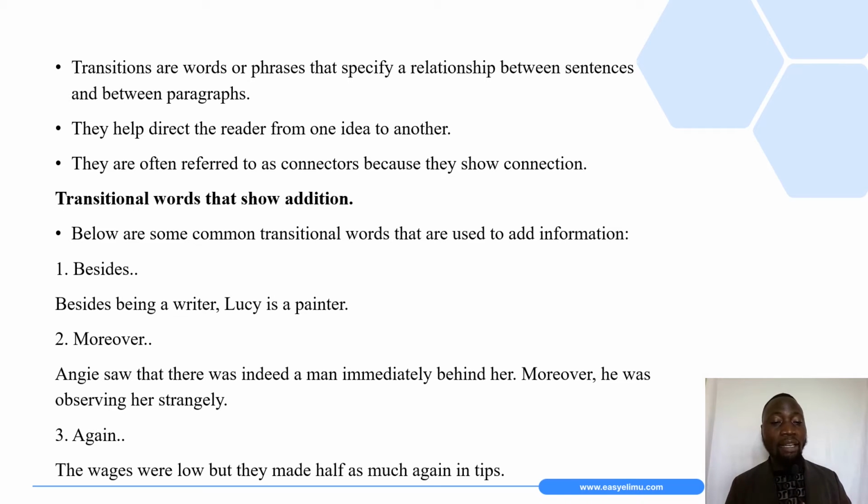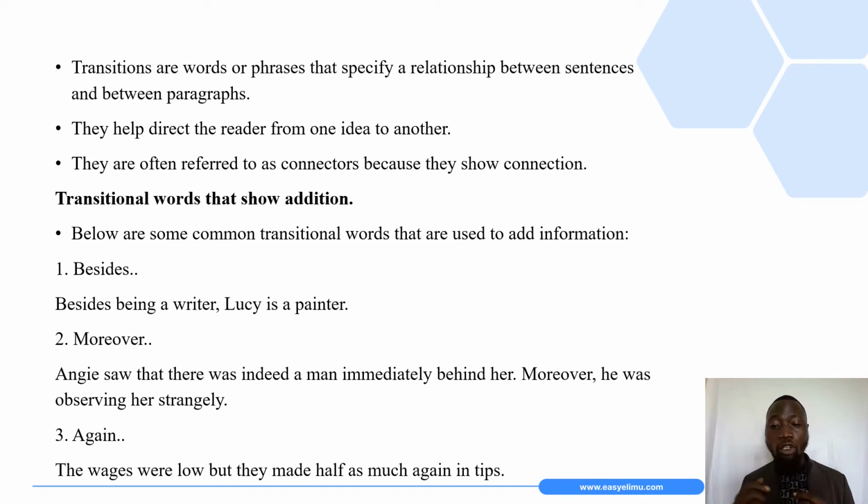So we have an example in a sentence: Angie saw that there was indeed a man immediately behind her. Moreover, he was observing her strangely. If you try to analyze this sentence, you realize that we have got two parts. The first part is that Angie saw that there was indeed a man immediately behind her. So that is a complete sentence because it is expressing a complete thought.